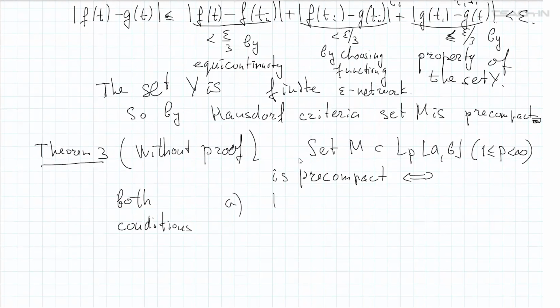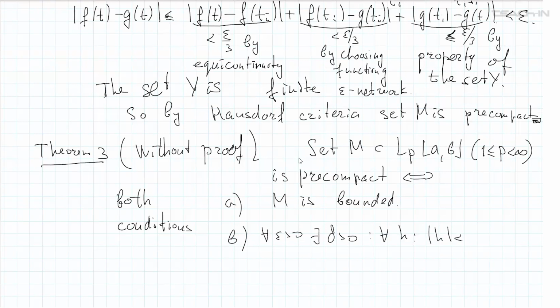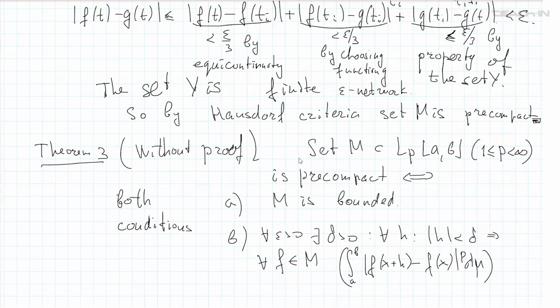A, M is bounded, and B, for any epsilon positive, there exists delta positive such that for any h with absolute value of h less than delta, it implies that for any f from M, the integral from a to b of |f(x plus h) minus f(x)|^p, Lebesgue d mu, to the power 1 over p, is less than epsilon.